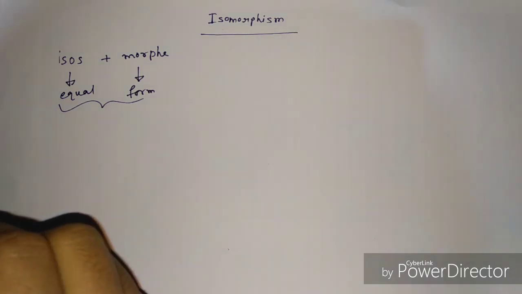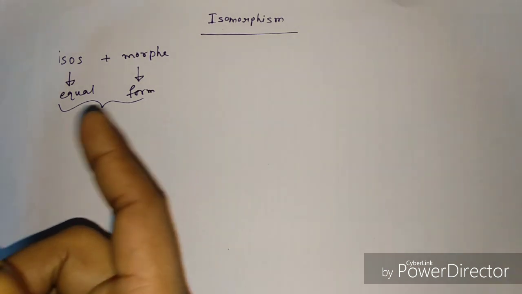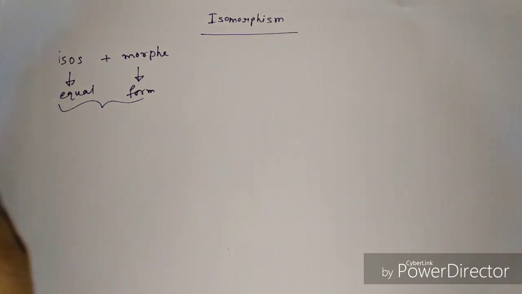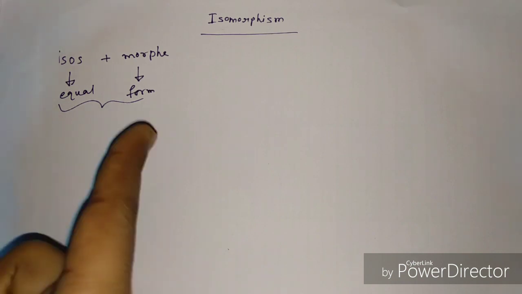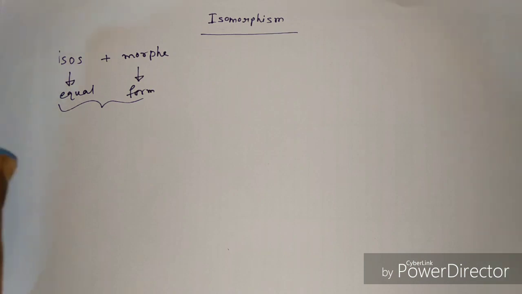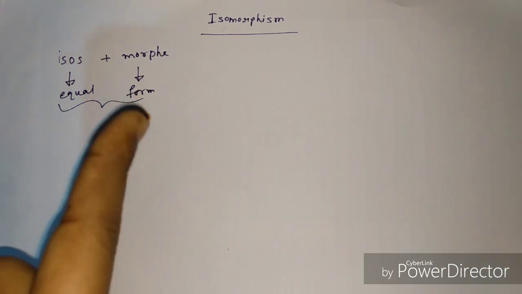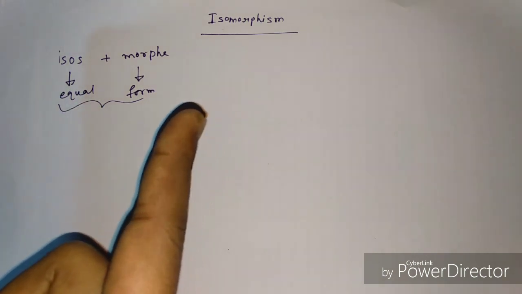So what is isomorphism? There are many ionic compounds, not covalent compounds, that may be in crystalline or liquid form. When they crystallize, crystals form simultaneously.